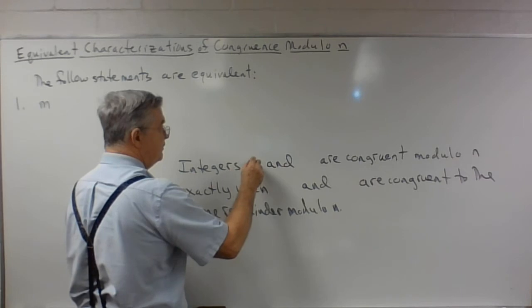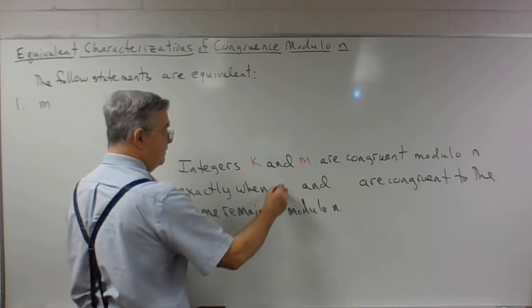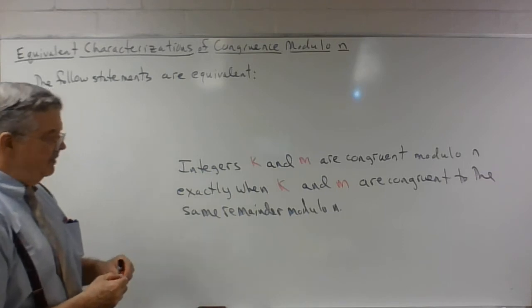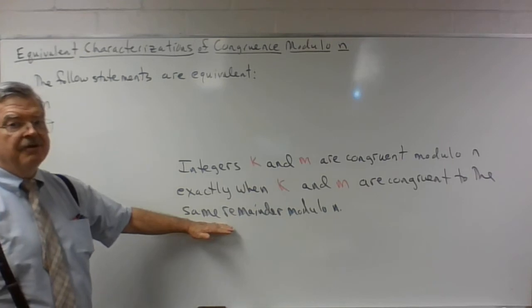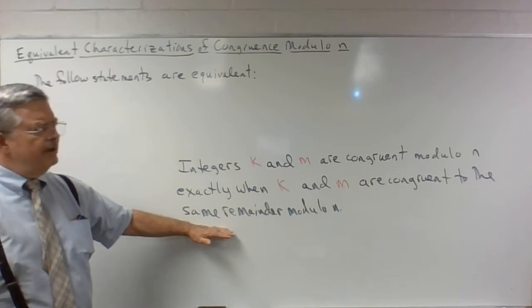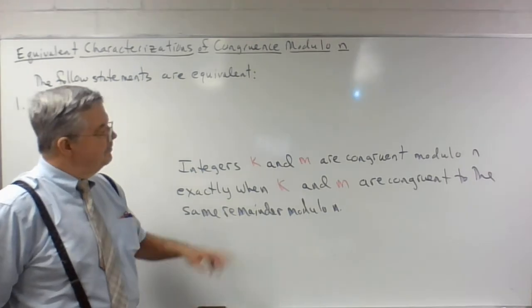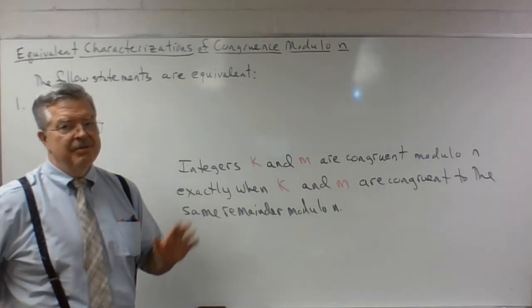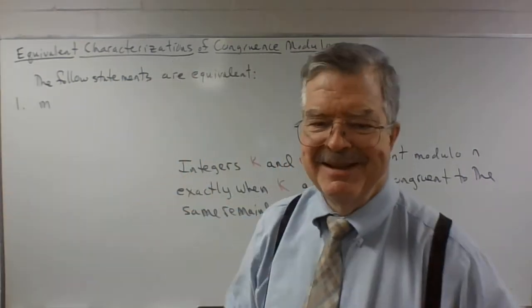Let's say two integers k and m are congruent modulo n exactly when k and m are congruent to the same remainder modulo n. This is a correction of what I had written before. What I had written before was incorrect because I was using n to represent two different things. So if you're taking notes, please make this correction in your notes. And please don't sue me for malpractice either, even though I may deserve it for that gaffe.